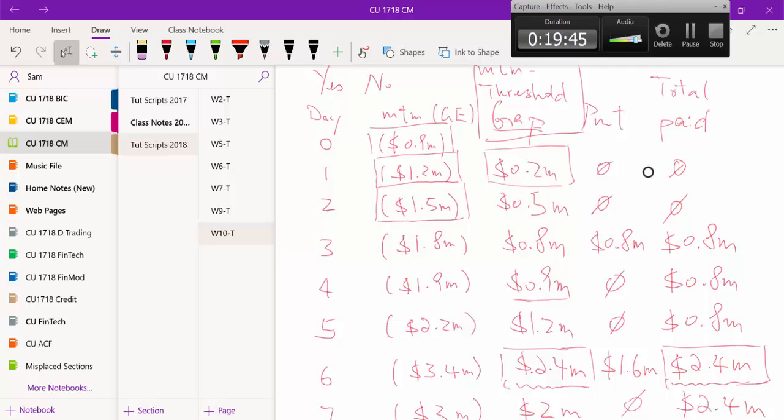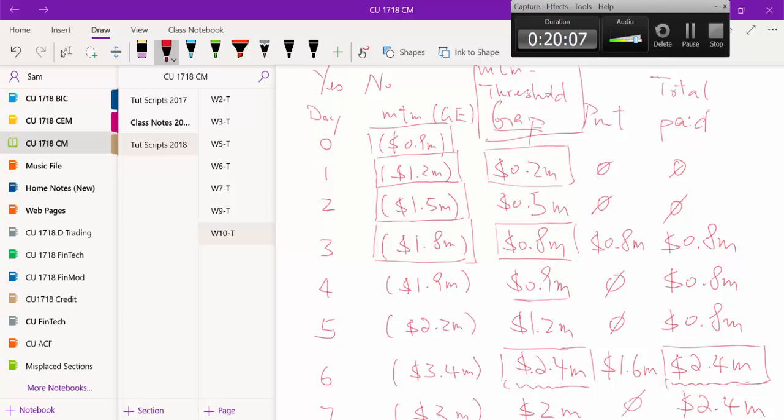Now, things just keep getting worse and worse. In English, we say things are going south. South means they're going downhill. South is not a good direction, okay? So things are going south, and now they are losing 1.8. So now the gap is 0.8.